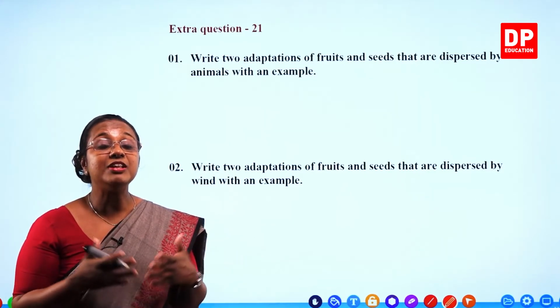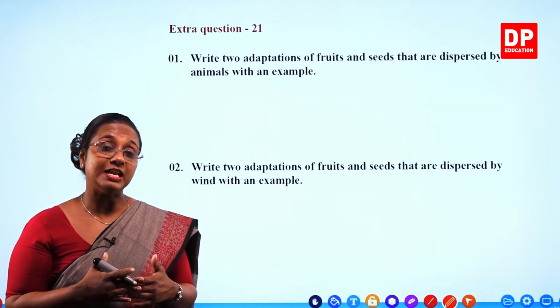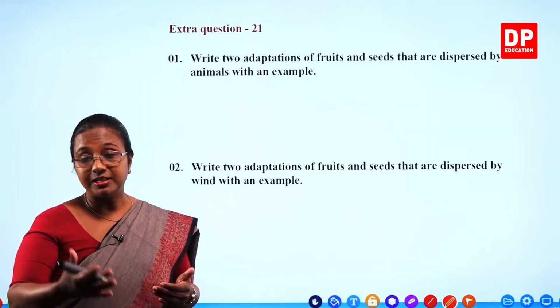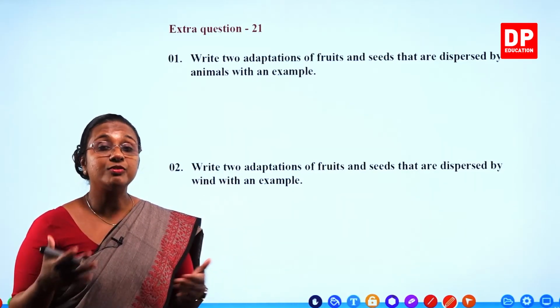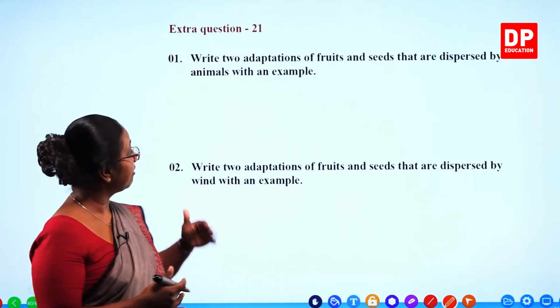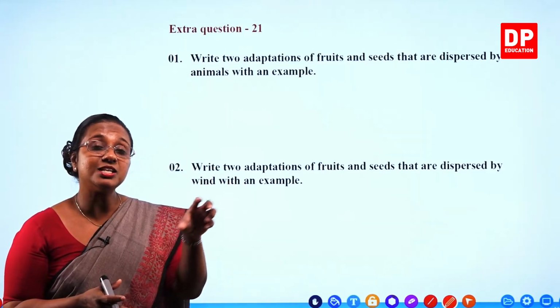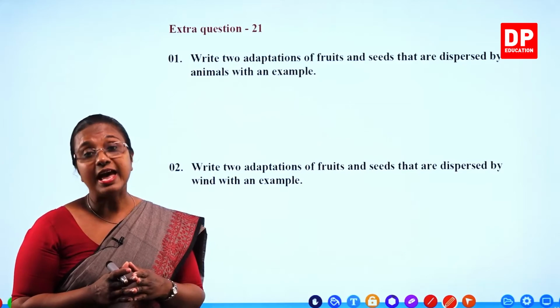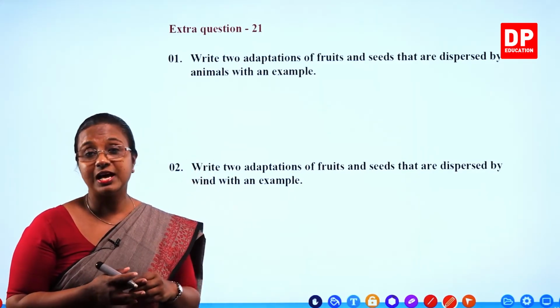Then they have different colors, attractive colors in order to attract the animals. Again, you can think of mango, you can think of banana, the false fruit of cashew. All these have different colors. Then they have structures that can attach to the body of the animal. For example, you can think of Nagadharana. They have hook-like structures.